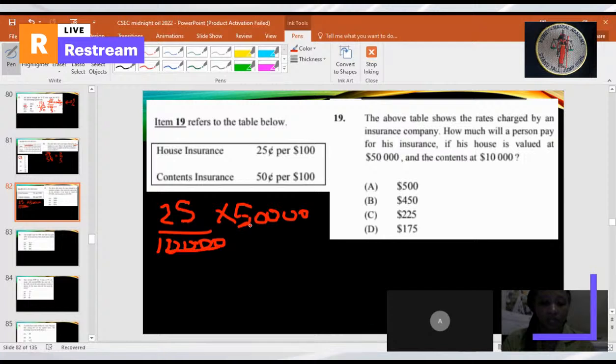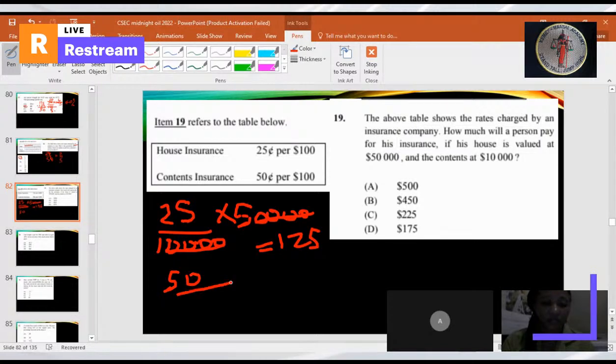And those 4 cancel 4. So we have 125. And why did I put 25 over 10,000? So this is cents, this is dollars. So I changed the $100 to cents.